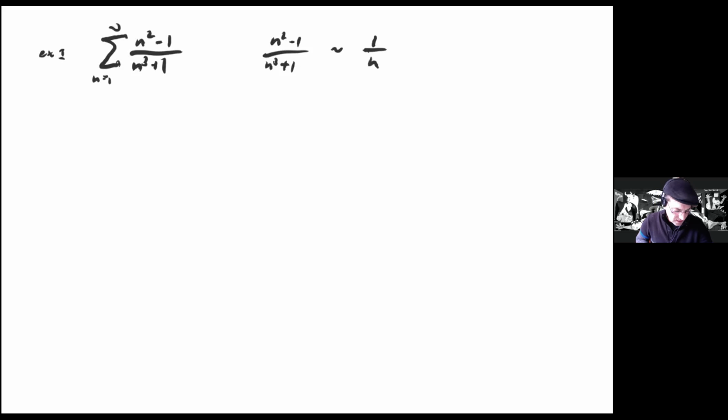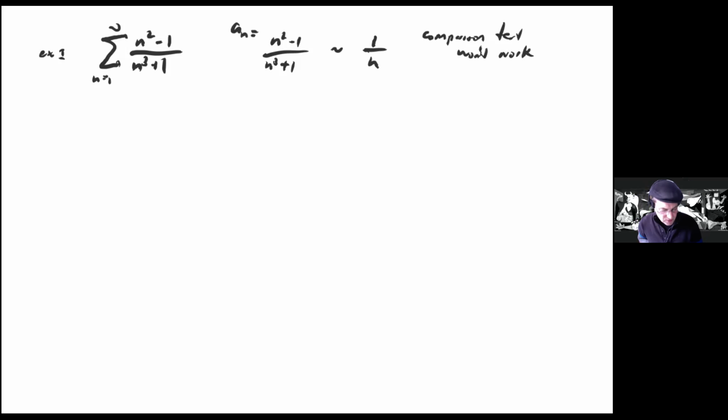And unfortunately, the comparison test won't work here. By the way, the divergence test clearly won't work, since the limit of a sub n is going to be 0.